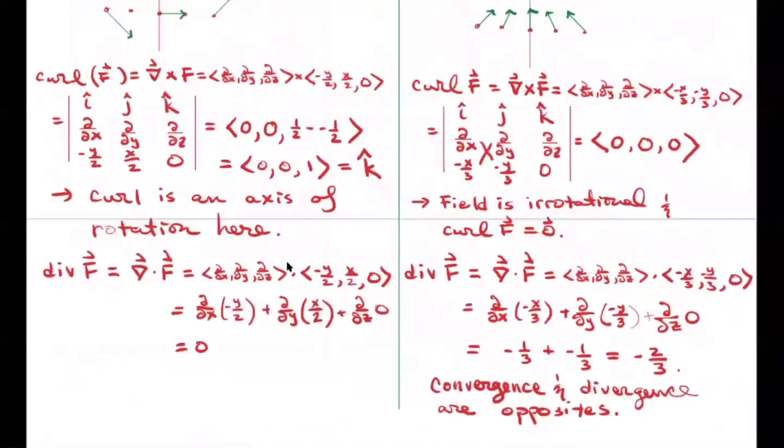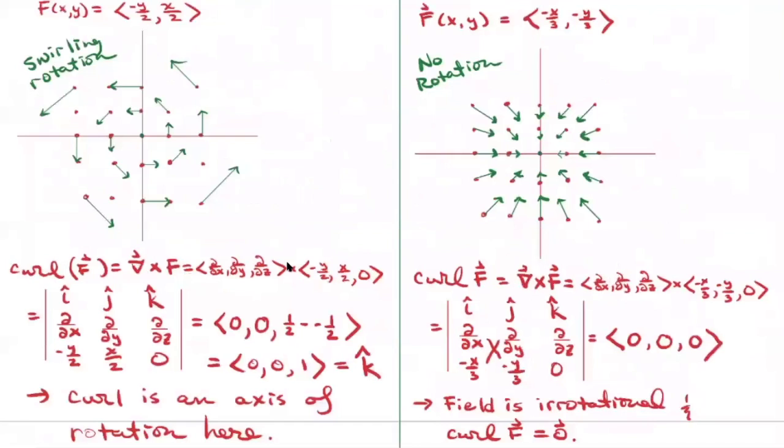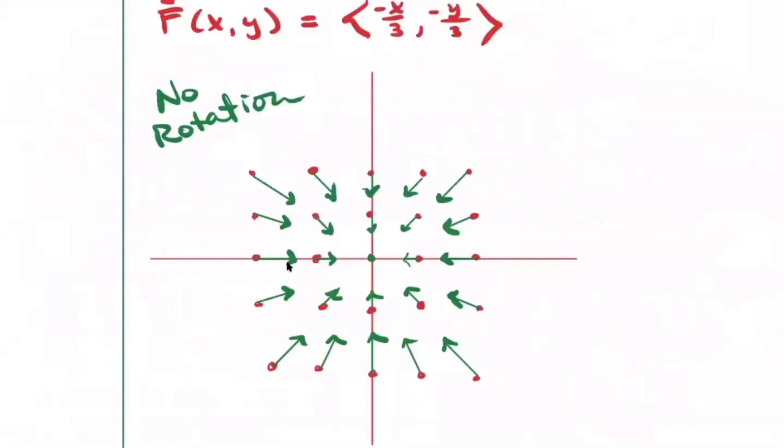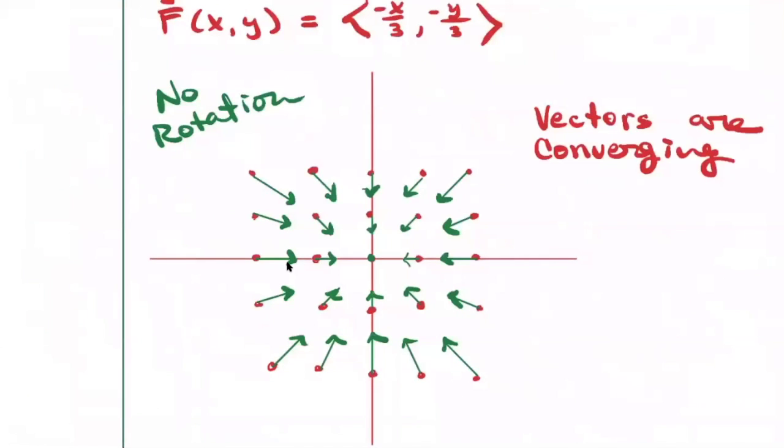Okay, so on this one, the vectors are converging. Okay, so the divergence is negative. Okay.